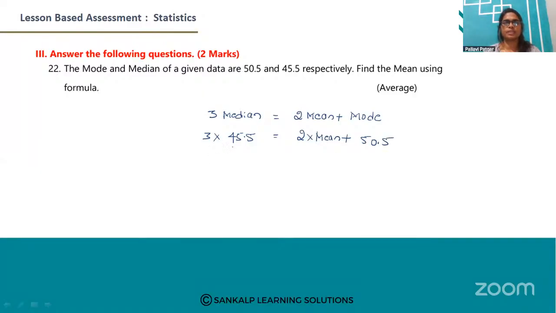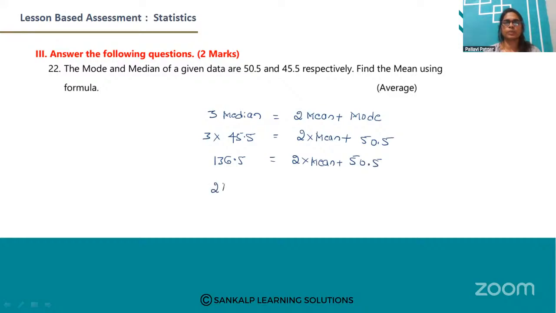So 3 into 45.5 is 136.5, which is equal to 2 into mean plus 50.5.